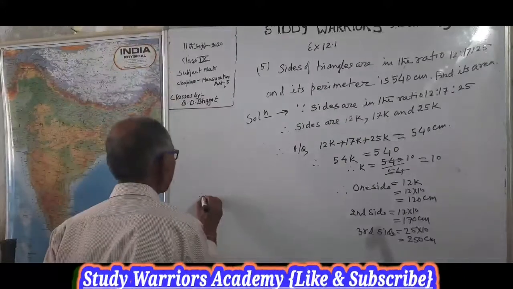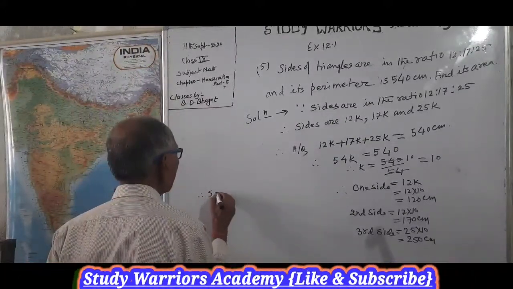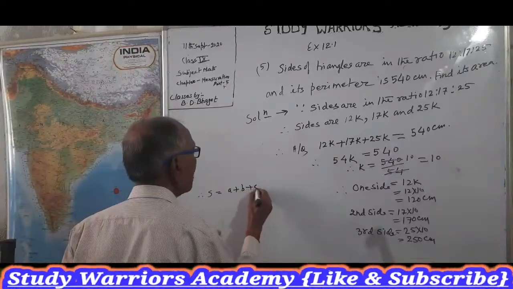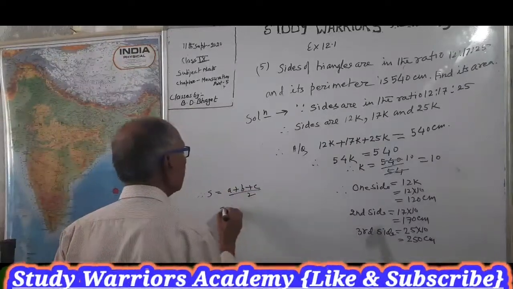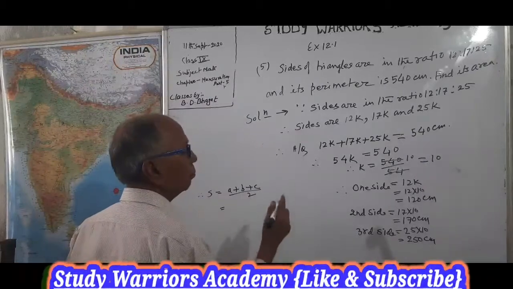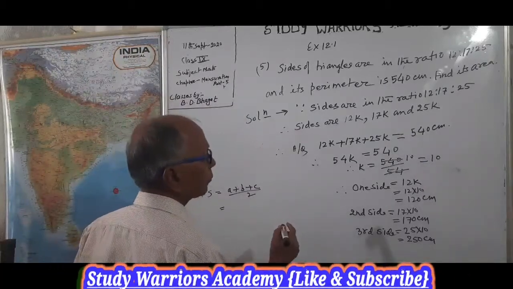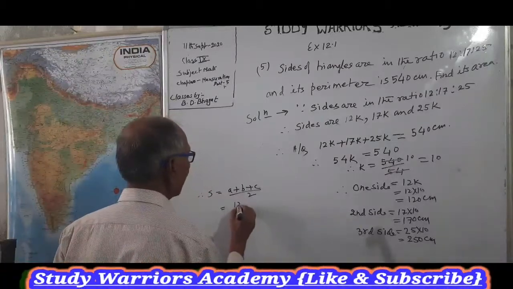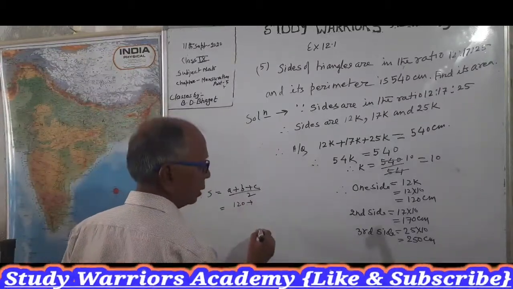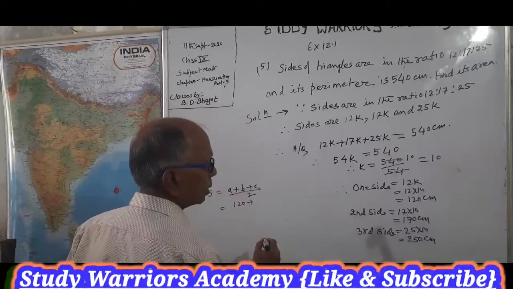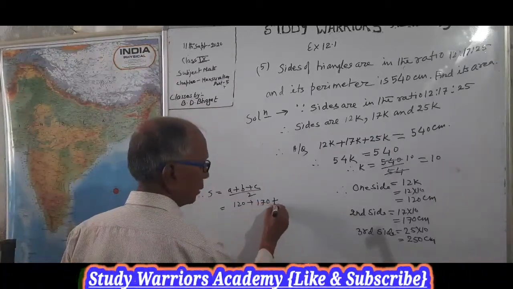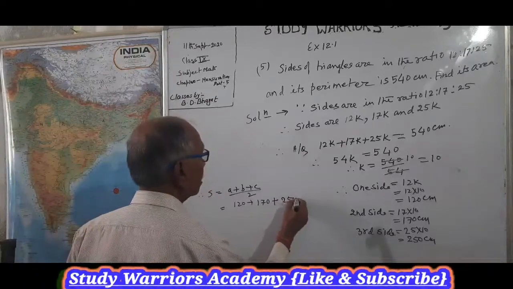Therefore, S is equal to A plus B plus C by 2, that is 120 plus 170 plus 250 by 2.